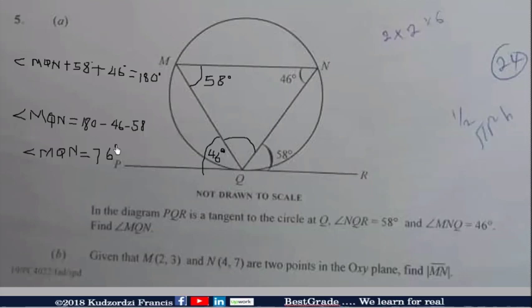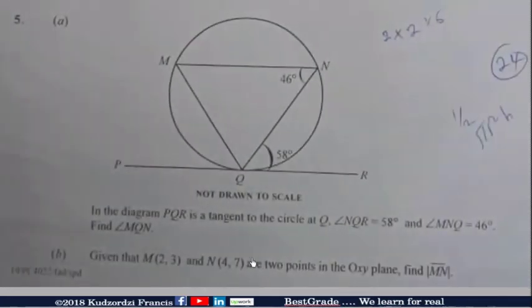Now let's look at the second part of this question. Given that M has coordinates (2, 3) and N has coordinates (4, 7), and these are 2 points in the OXY plane, find the length of line segment MN.